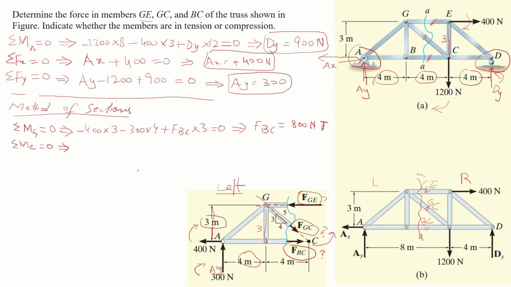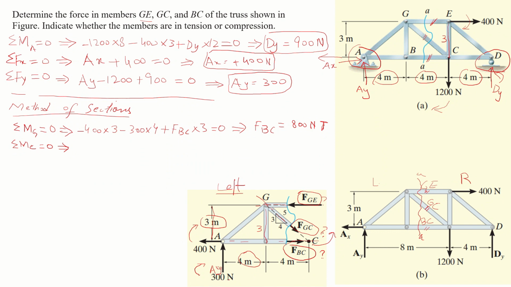This implies that the first force, 400 Newton, is passing through point C. You can see this is the line of action of 400 Newton force, and it does not have any perpendicular distance, and it will not produce any moment.